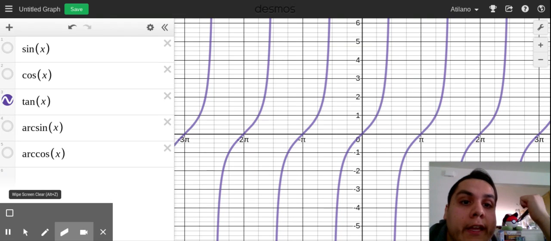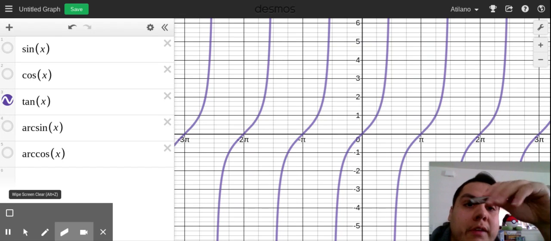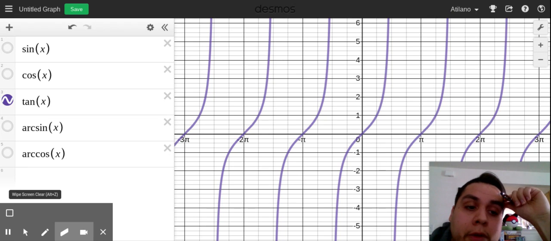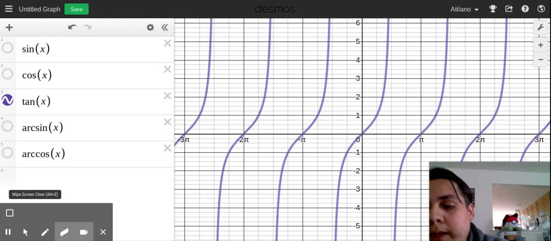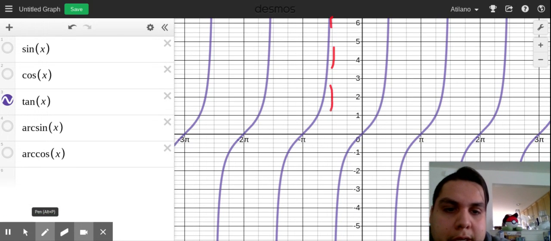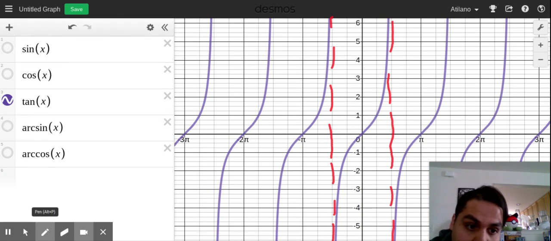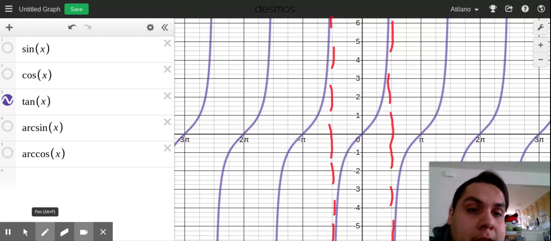So for tangent, again, it's not invertible because if we took all these points and we kind of did that, it would fail the vertical line test. It fails the horizontal line test right now. So here's what they did. They decided that right there in that part of the graph is where we're going to do the inverse for tangent.